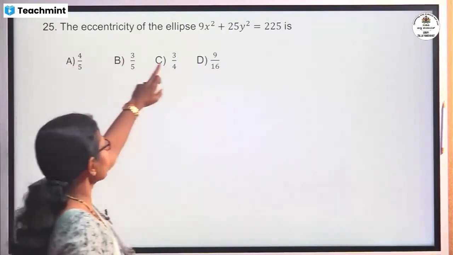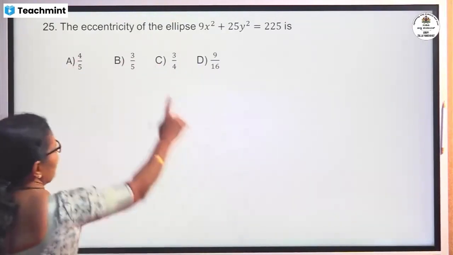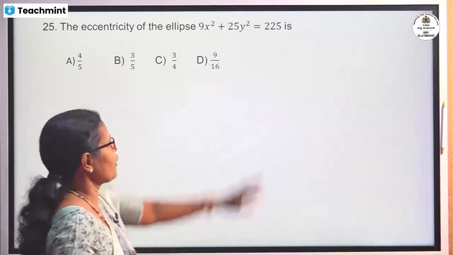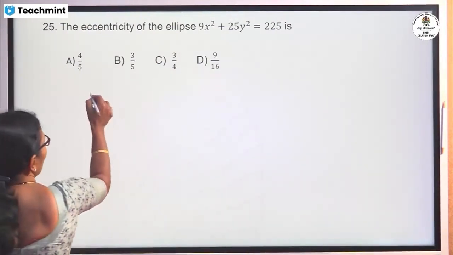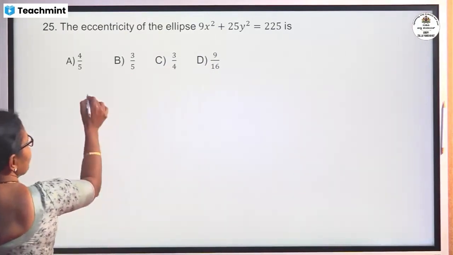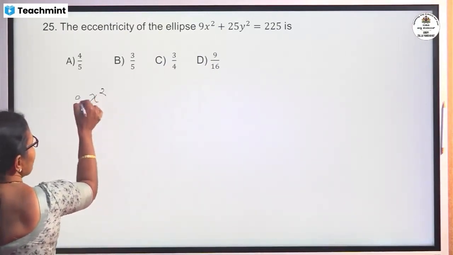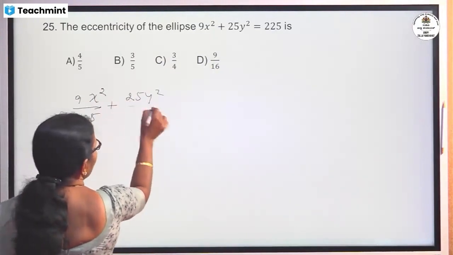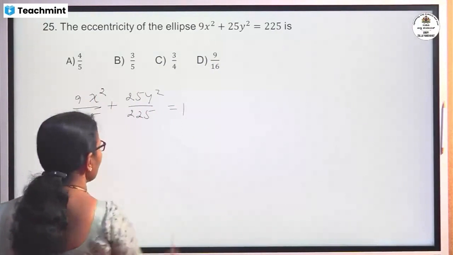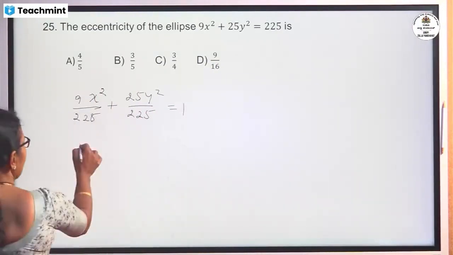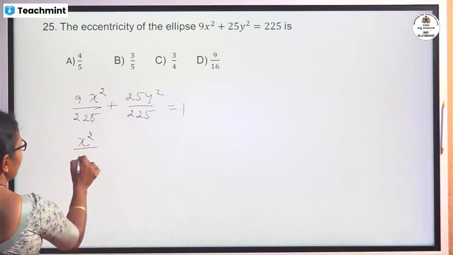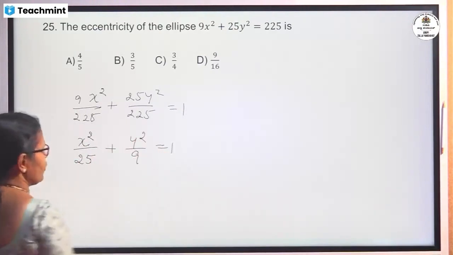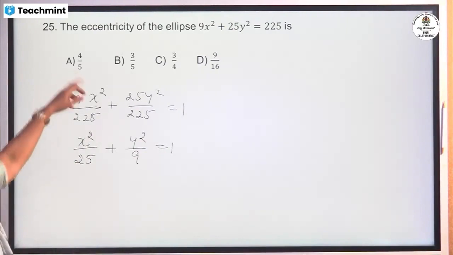The eccentricity of the ellipse 9x square plus 25y square is equal to 225. Now we have to divide it by 225, then we get 9x square divided by 225 plus 25y square divided by 225 is equal to 1. Then we get x square divided by 25 plus y square divided by 9 is equal to 1. Then we require the eccentricity.